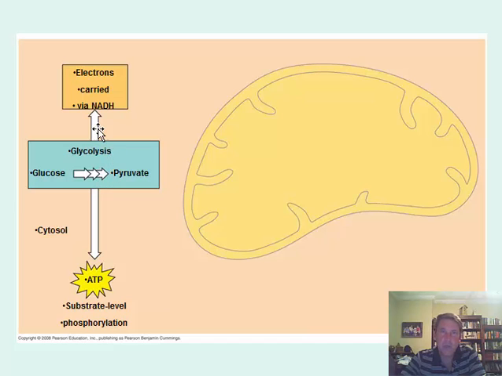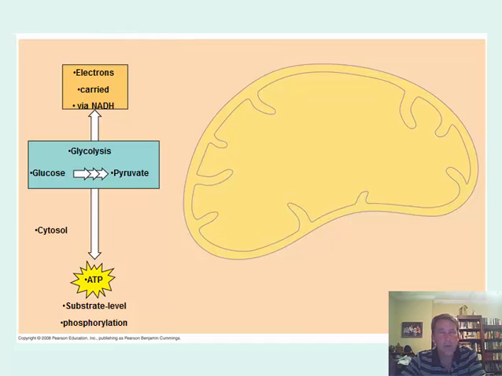During that split, hydrogens leave, and the hydrogens are picked up by that NAD that we talked about. That's going to play a role later. And then we also have a production of some ATP, so we have some phosphorylation.